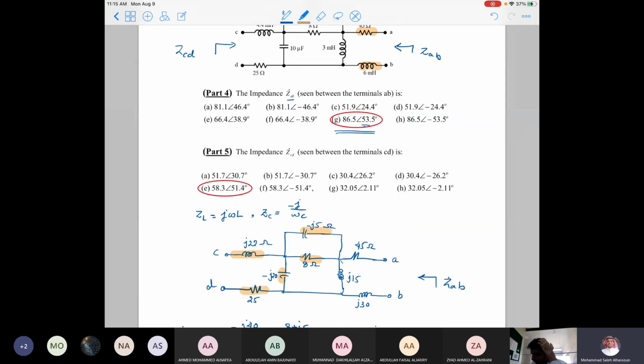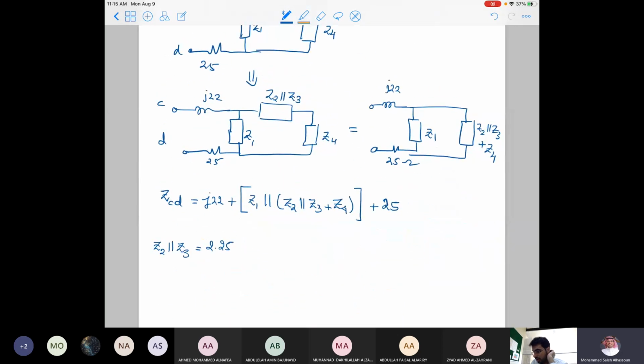Z3 is minus J5. Z4 is J15. Now I concluded that the impedance between C and D is simply J22 plus the equivalent impedance, which is pretty straightforward in this case.